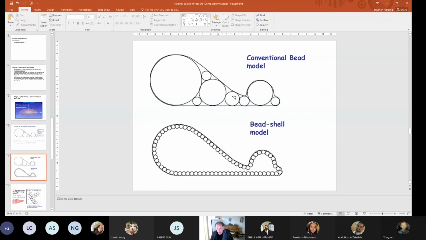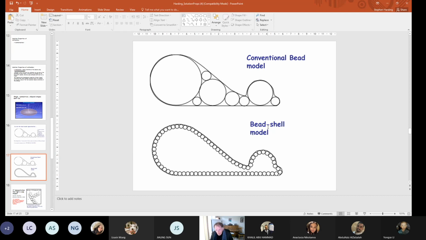And there's an even more refined method we can use. Instead of this conventional bead model, we can just represent the surface of the molecule, this complex snail-like molecule. And by using lots of little mini beads, we can get a better representation of the surface of the molecule.